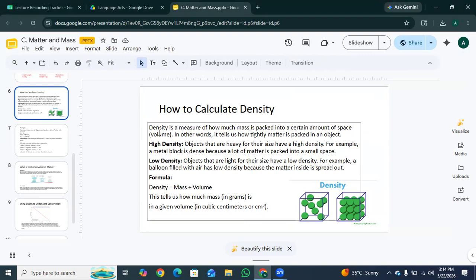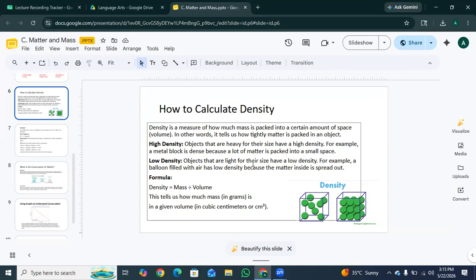High density means heavy for its size, like lots of matter jammed into a small space, for example, a heavy metal block. Objects that are heavy for their size have a high density.